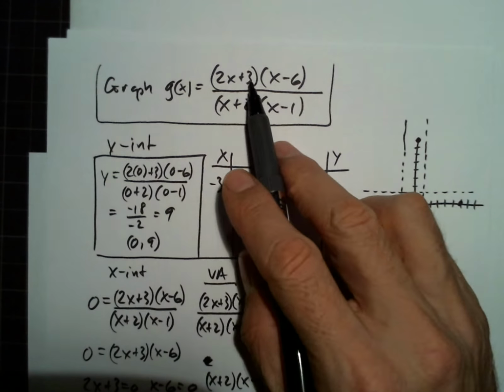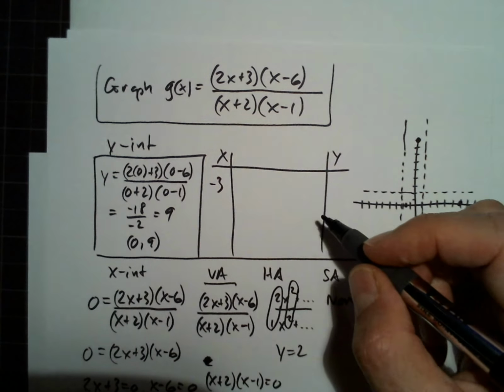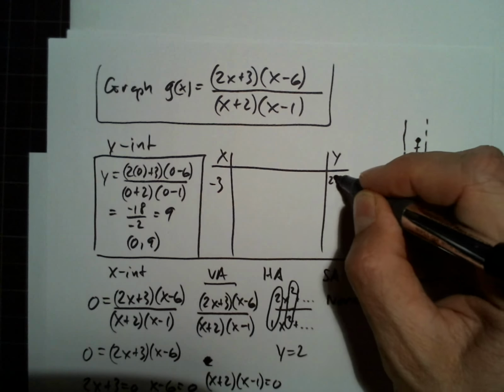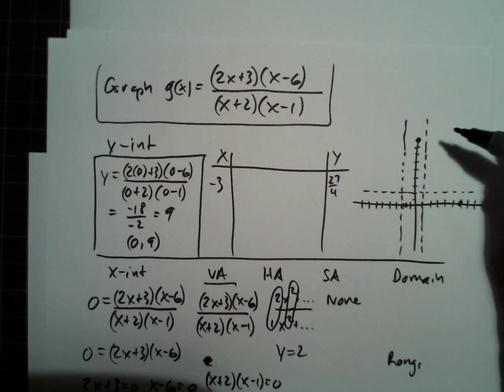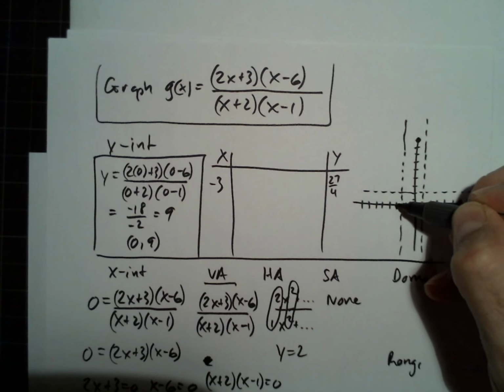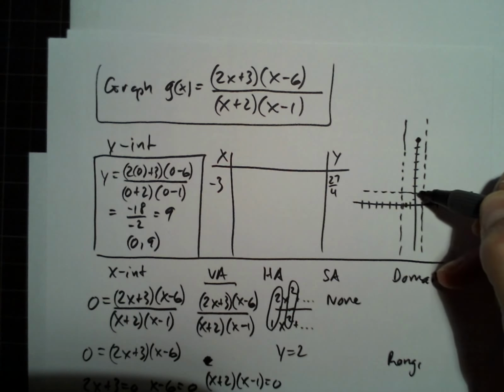Let's put a -3 into this, and we get 27 over 4. So that is 27 over 4, and we're going to be 1, 2, 3, and 27 over 4 is just under 7.